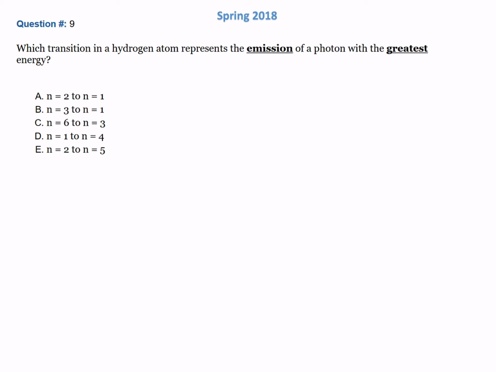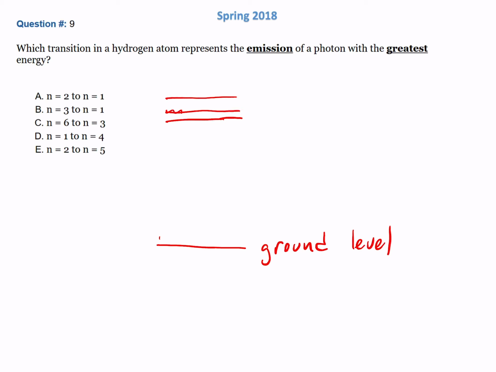Now, this has to do a little more with the Rydberg equation, but you don't really have to do a calculation here, because one of the things that you have to remember is that if we were looking at the hydrogen atom, we have here the ground level, and then the excited states.